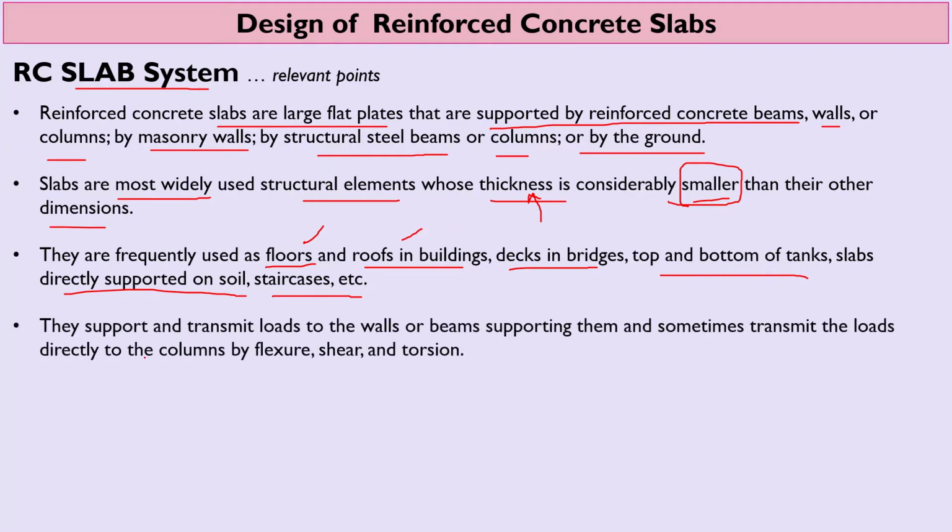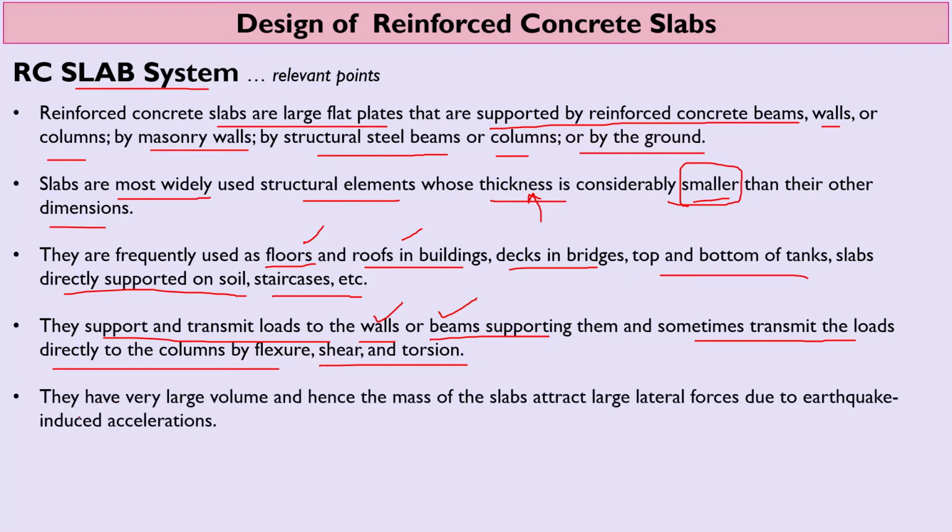Now what they do is support and transmit load to the walls. Whatever load is coming on the slab can be transmitted to the walls, or if they are supported by beams, then the load will be transferred to the beams. And sometimes they can transmit the load directly to the column by flexure, shear, or torsion, which you will understand in the coming lectures.